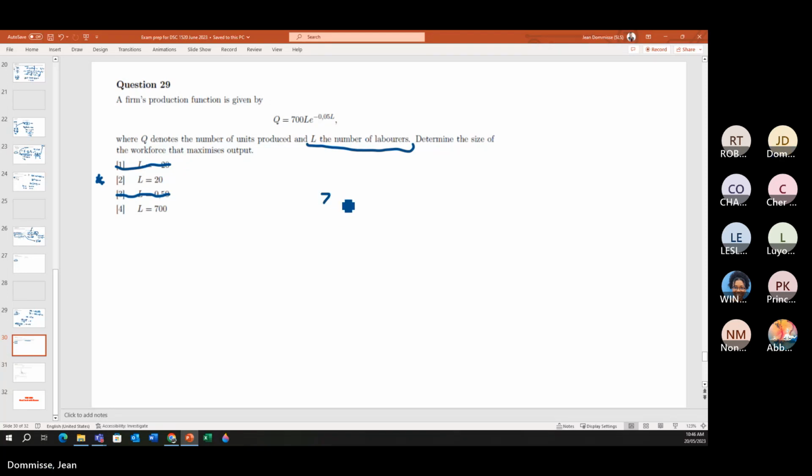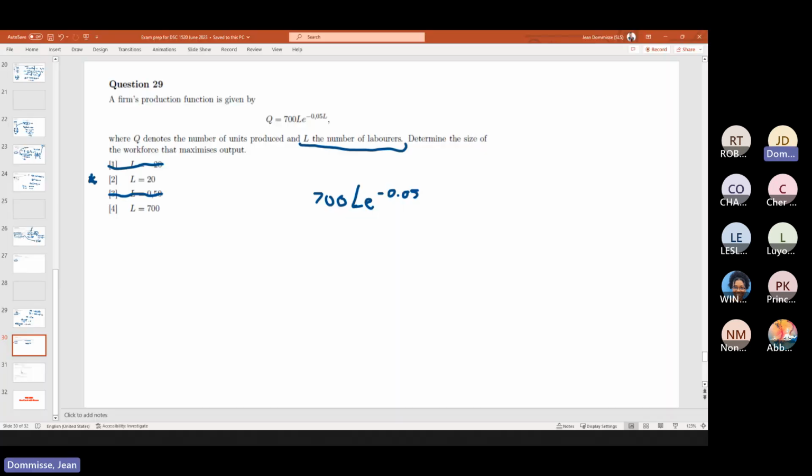But how would we do the derivative of this function? How would you work with this function?